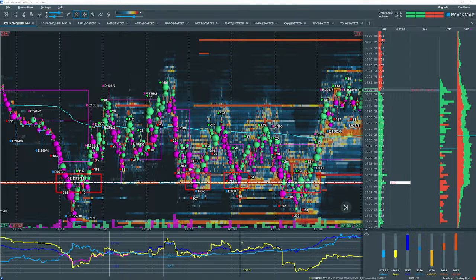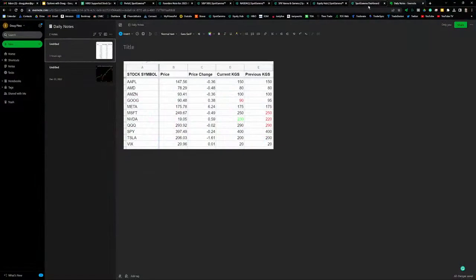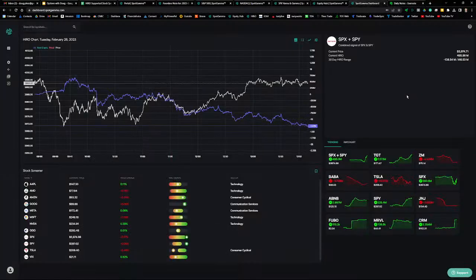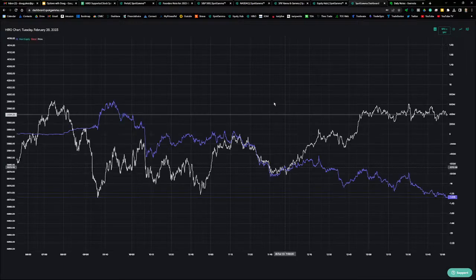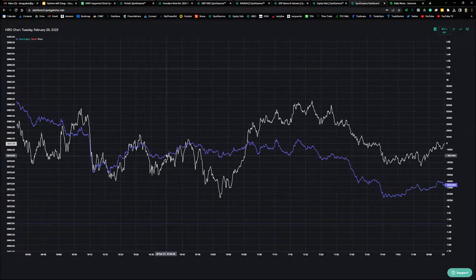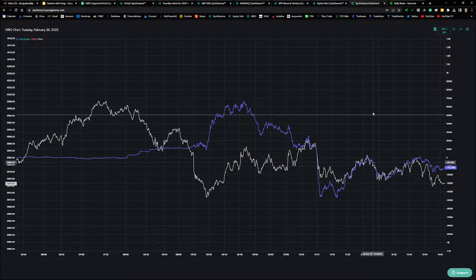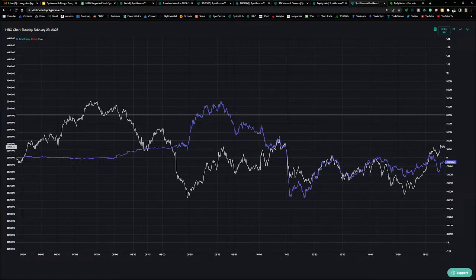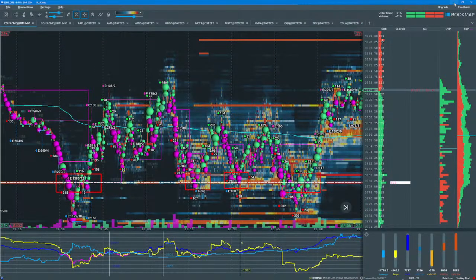All right, let's go take a look at SpotGamma Hero now. And I'm going to zoom in on the morning. Let's go back at Bookmap. I'm looking at up until about 11:15. So let's see. We can take a look at the same time frame in Hero.